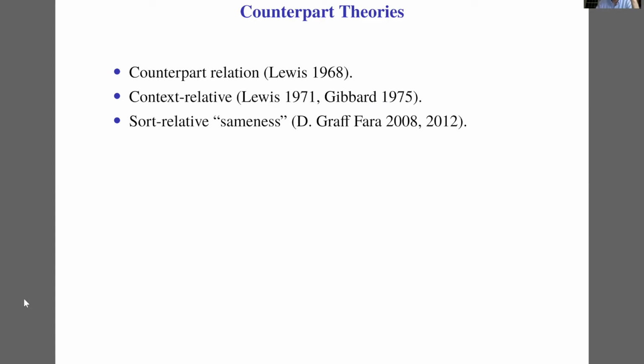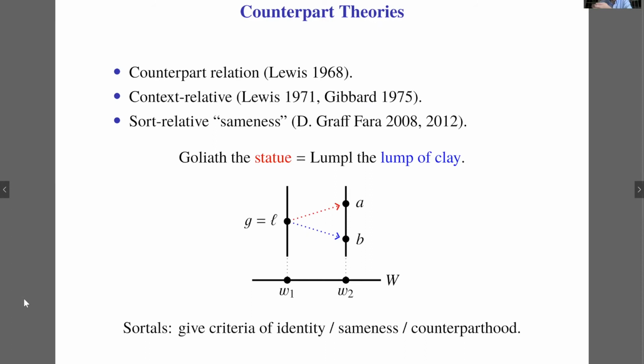So in counterpart theory, you take worlds, and each different world has a different domain of individuals, of things that exist in that world.